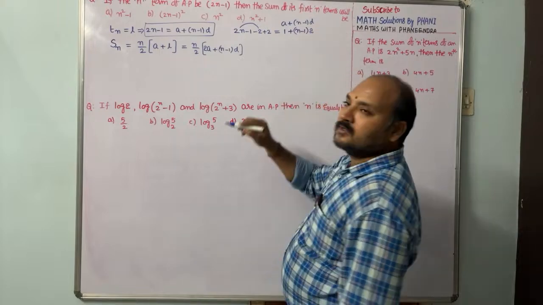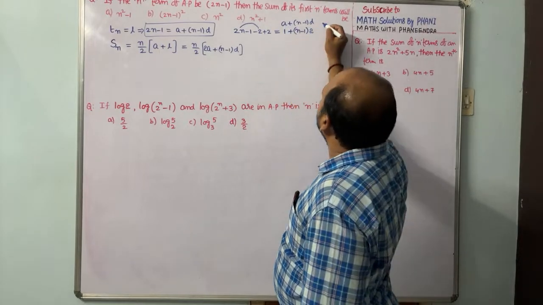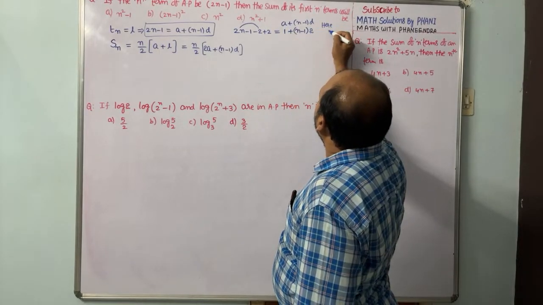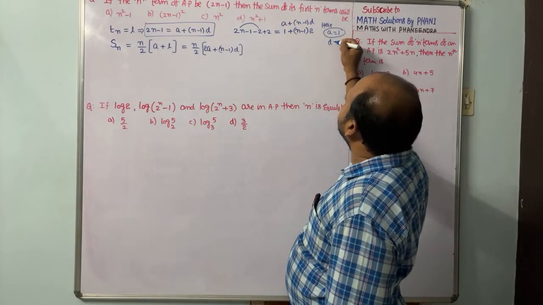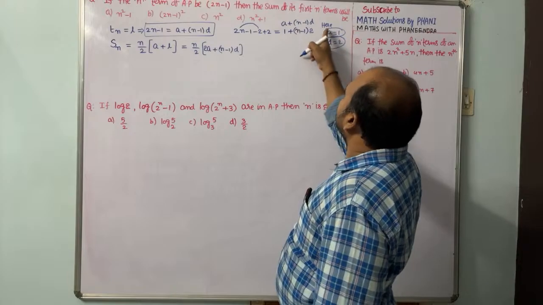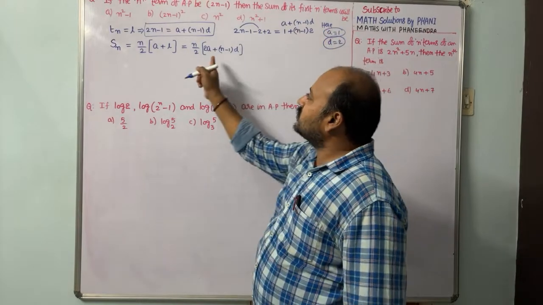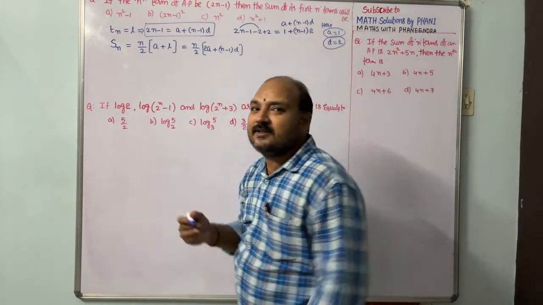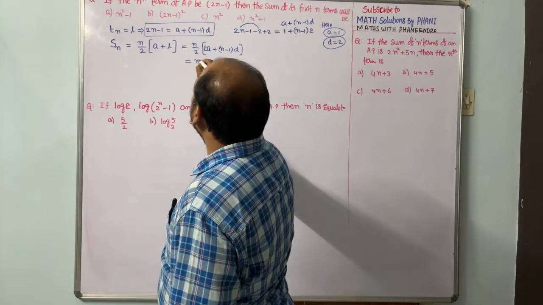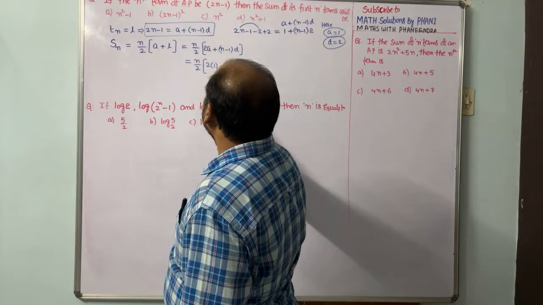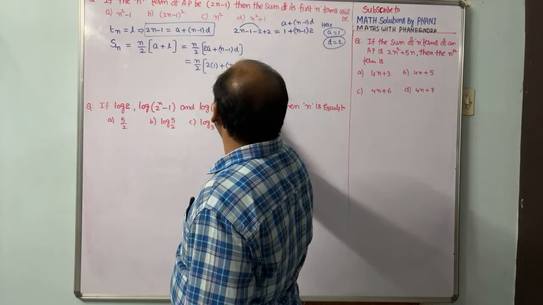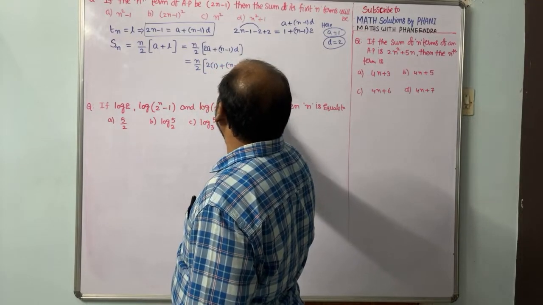Am I right? So A is equal to 1, the first term, and the common difference D is equal to 2. So substitute the A value and D value in this and get the answer. n by 2 into 2 times A, which is 1, plus n minus 1 into D, which is 2.